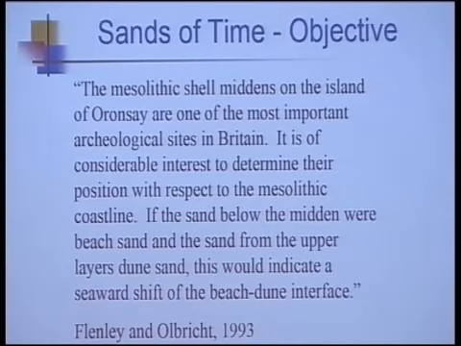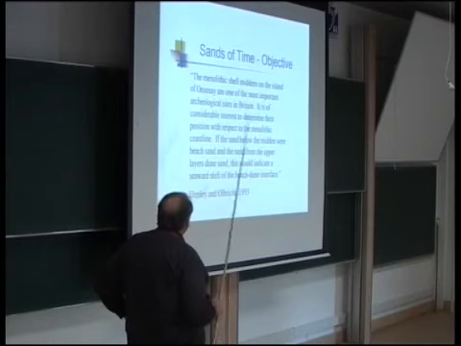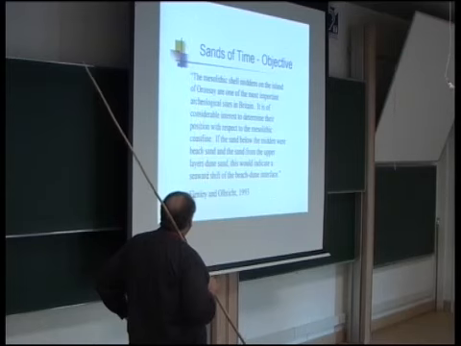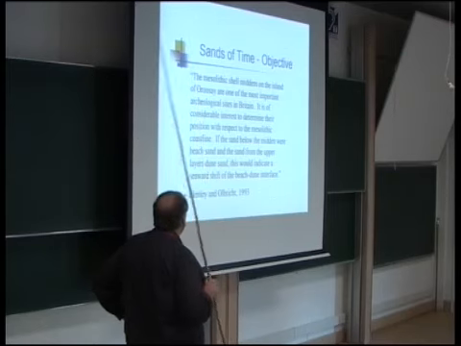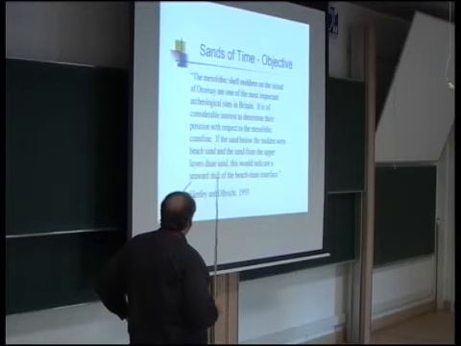A midden is a trash dump where the Stone Age people put their junk. The idea was that these were buried under the sand, and the question was whether the sand below the midden was beach sand or sand from the upper layers of the dune sand.